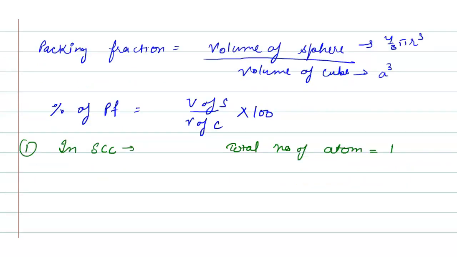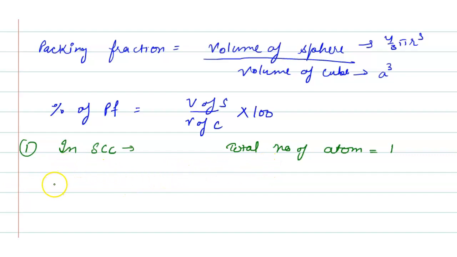If you want to know how many atoms are in the simple cubic, face centered cubic and body centered cubic unit cells, see the last 2 videos. So now here the total number of atoms is 1 and the atom is placed at the corner.